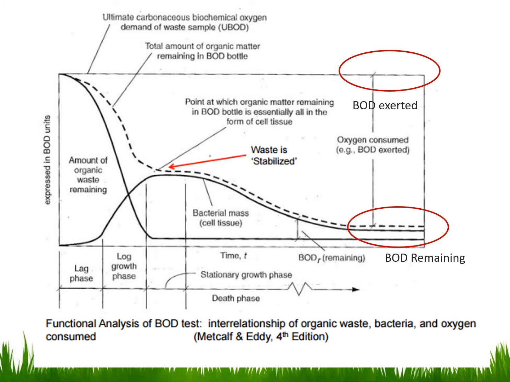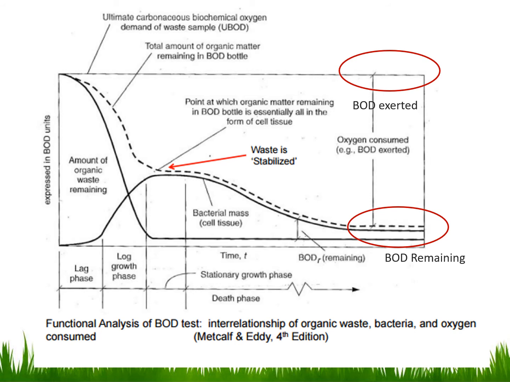This lag phase is actually the acclimatization phase. The microorganisms are getting into a new system, a new environment. First of all, they need to acclimatize. First of all, they need to fulfill their requirements. They need to have their nutritional requirements there. So once they confirm the availability of all the nutritional and environmental conditions in the system, then they will start growing.